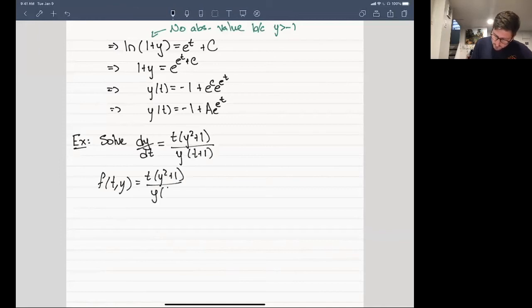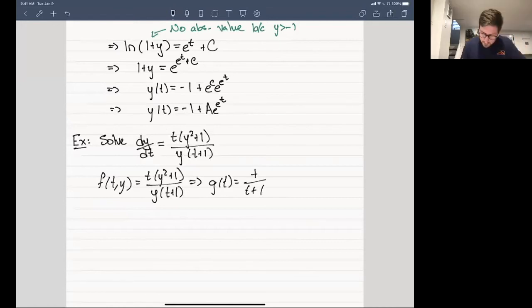And we can see that this can be separated out into two functions. One that is just a function of t, that's t over t plus 1. And the second one is equal to y squared plus 1 over y.